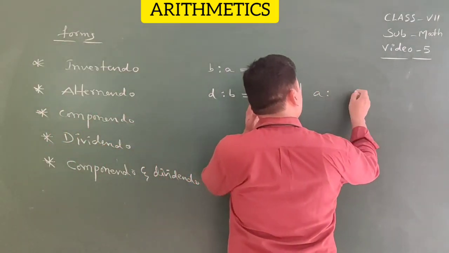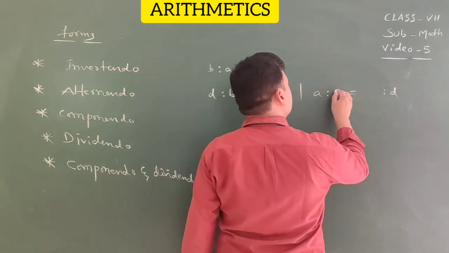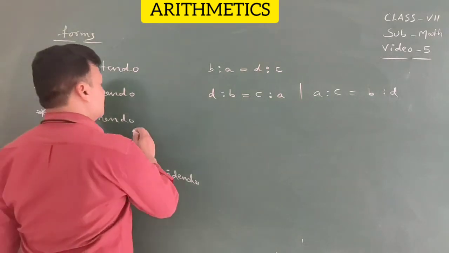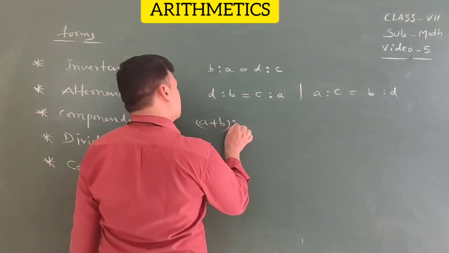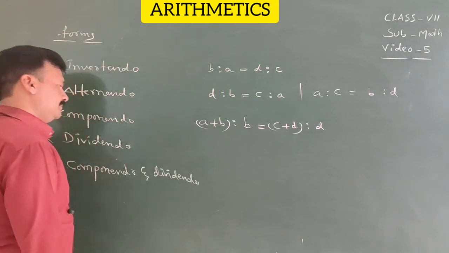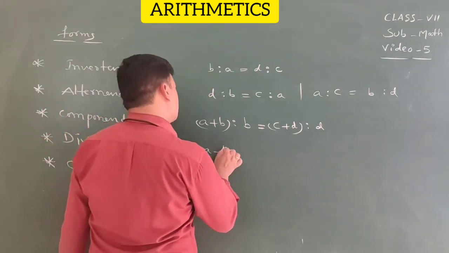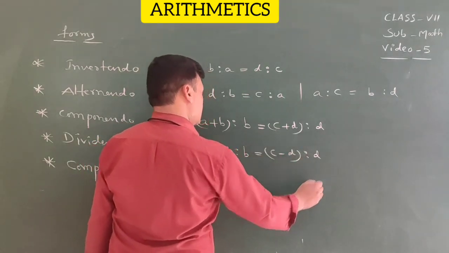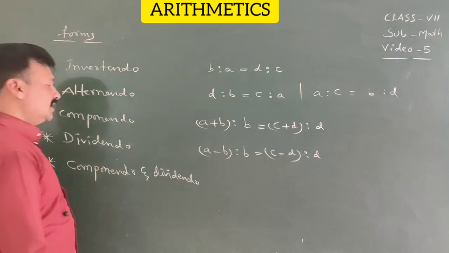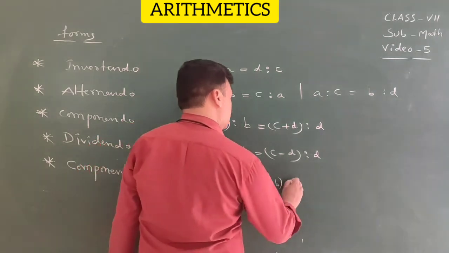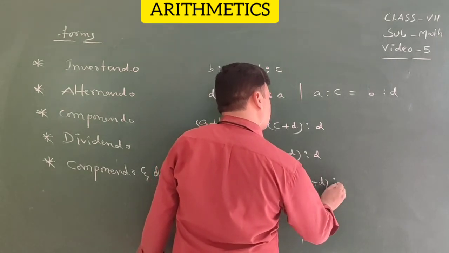In A and B, no change, then C and B. In place of B and C, we inserted C and B. Next, componendo: A plus B is to B equal to C plus D is to D. Dividendo: A minus B is to B equal to C minus D is to D. Next, componendo and dividendo: A plus B is to A minus B equal to C plus D is to C minus D.